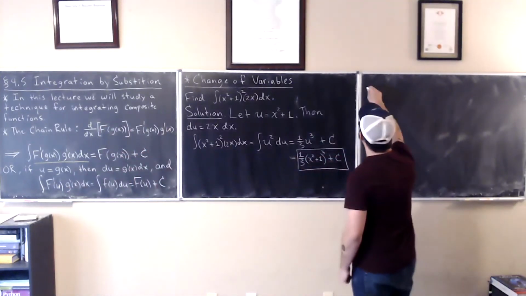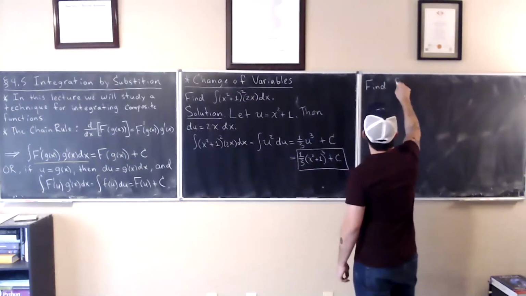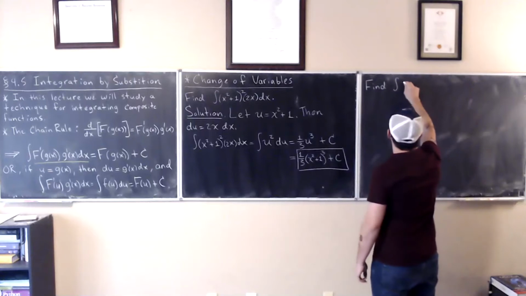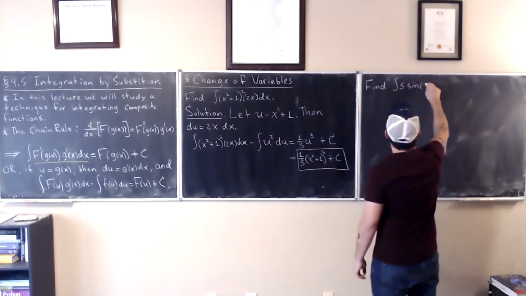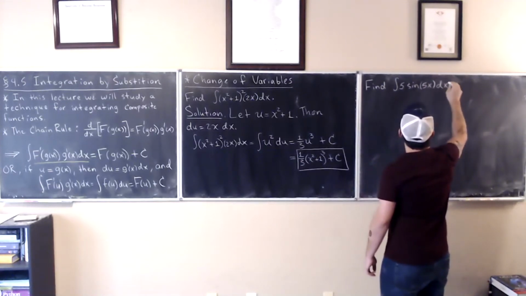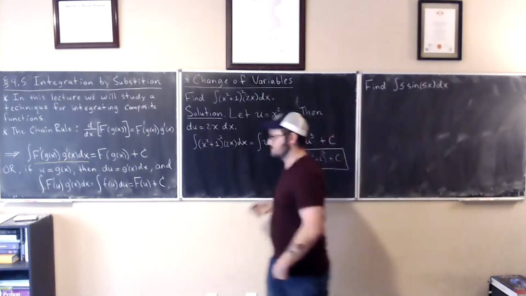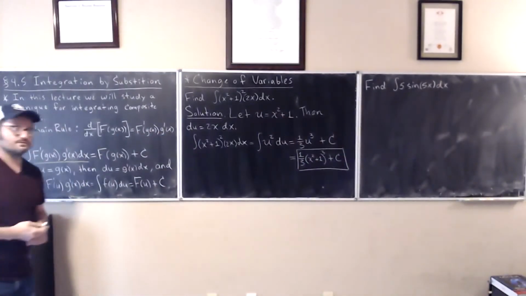So let's look at another problem. Find the indefinite integral of maybe 5 sine of 5x dx. And again, the dx is just telling you the variable that you're integrating with respect to, right?